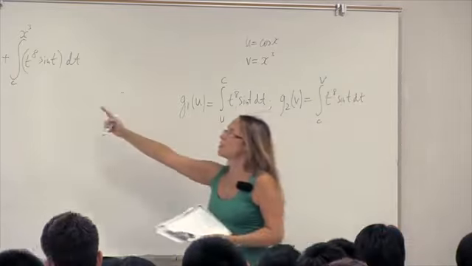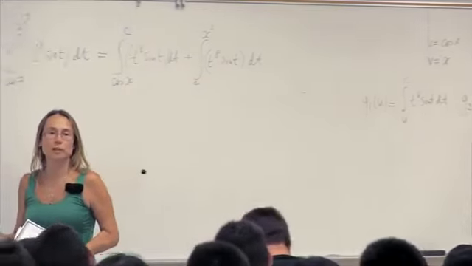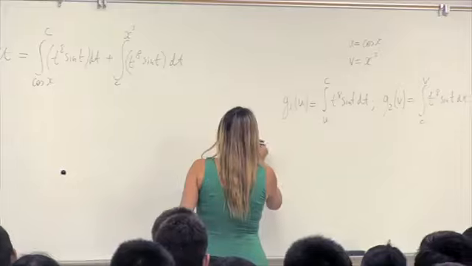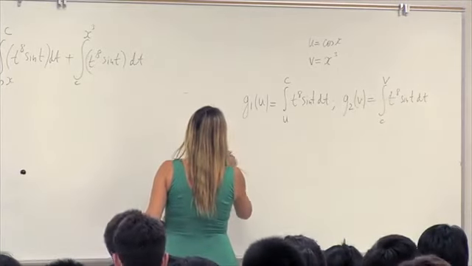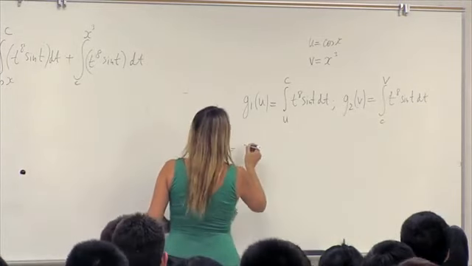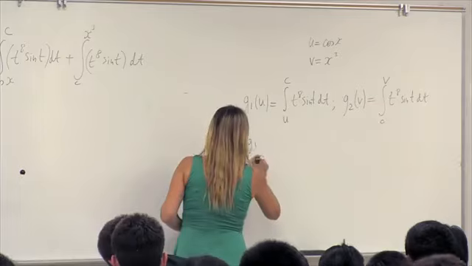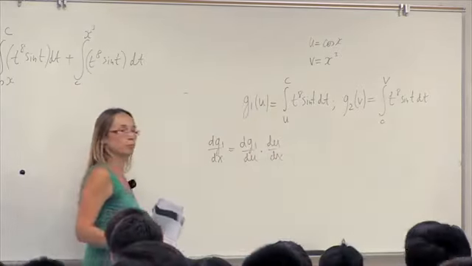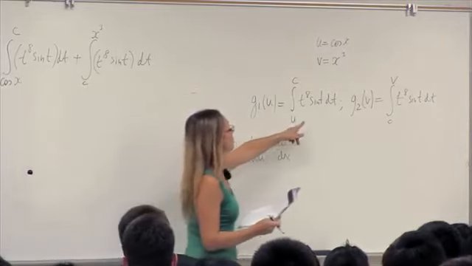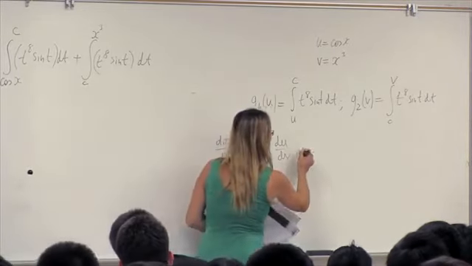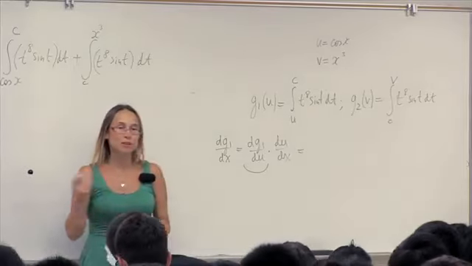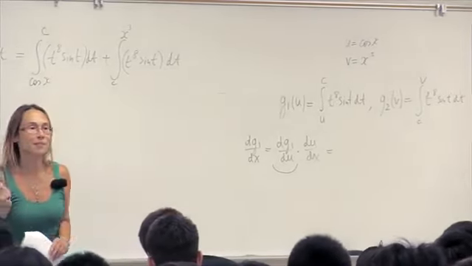And since this is a sum, I can differentiate them separately. So dg1/dx is dg1/du times du/dx. Chain rule applied to the first of these functions. The first component comes from the fundamental theorem of calculus part 1.